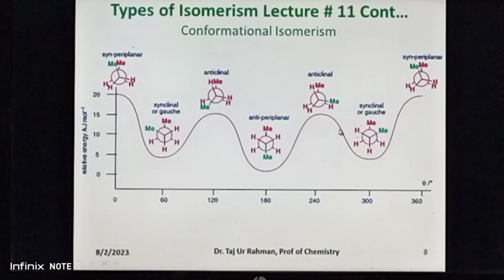That is, partially eclipsed conformer at 240 degree, gauche staggered or skew conformer at 300 degree, and fully eclipsed conformer at 360 degree can be observed.